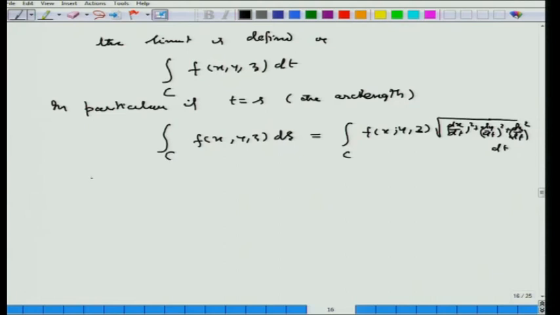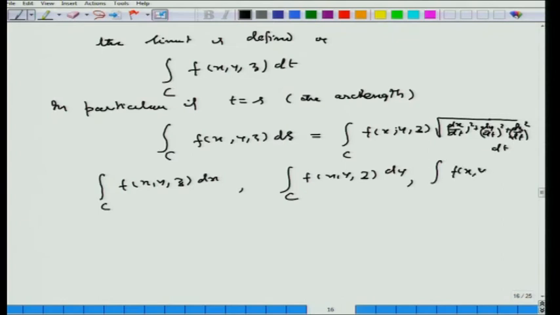There are other forms of line integral like the integral over C of f(x, y, z) dx, or f(x, y, z) dy, or f(x, y, z) dz.